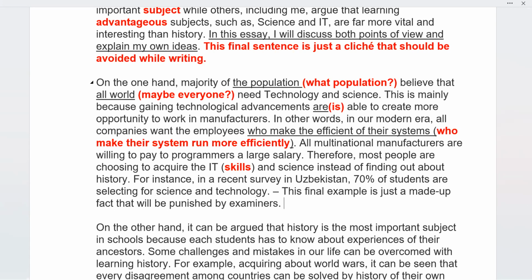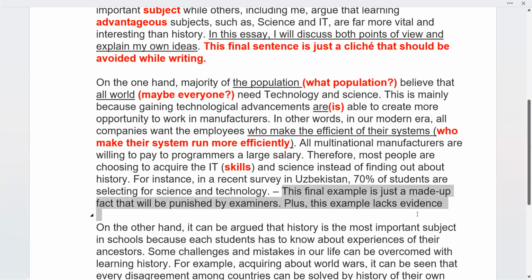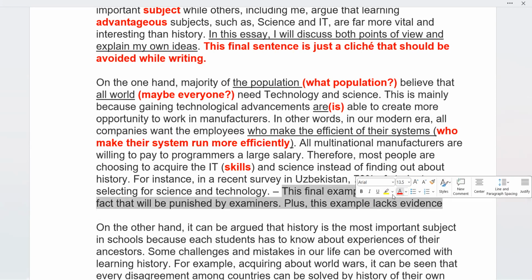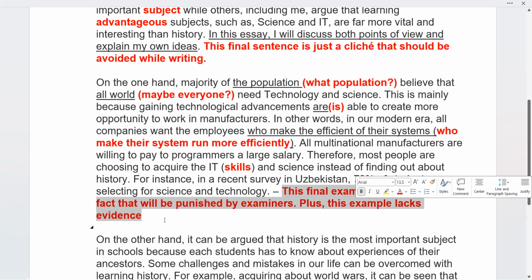Plus, this example actually lacks evidence. What I mean by that is, it's just saying, for instance, in a recent survey in Uzbekistan, 70% of students are selecting for science and technology. But what is next? Nobody knows. So it basically means nothing.